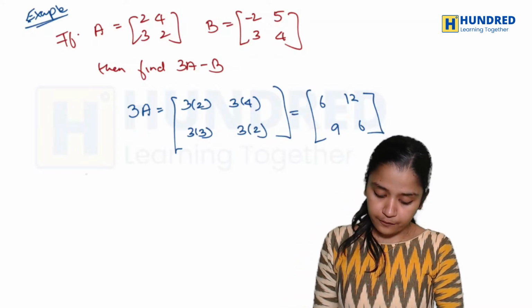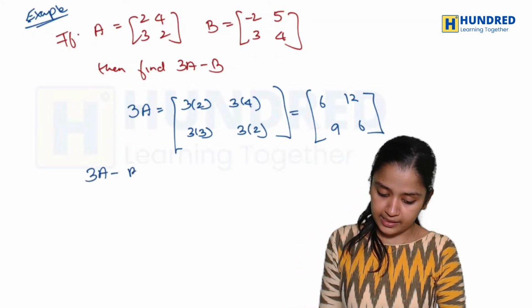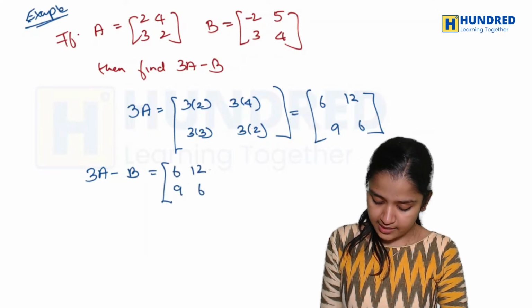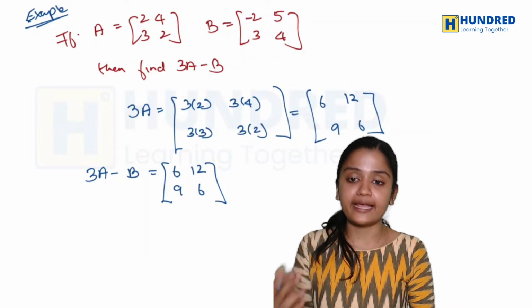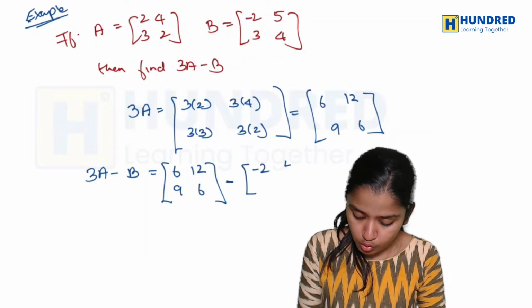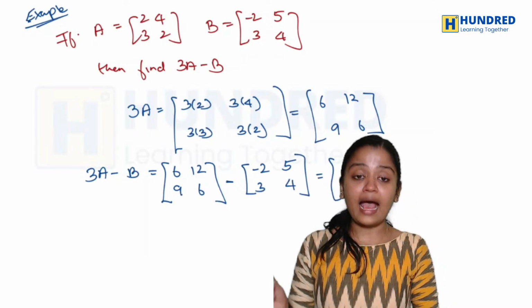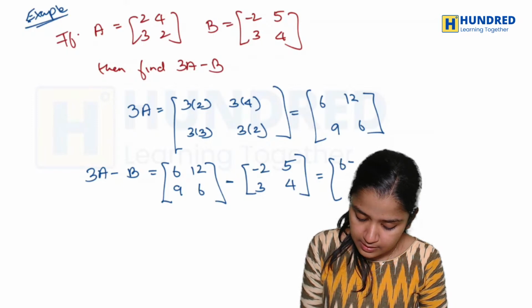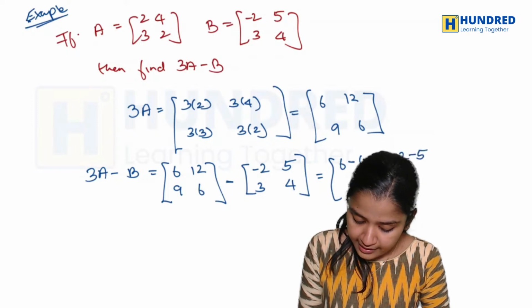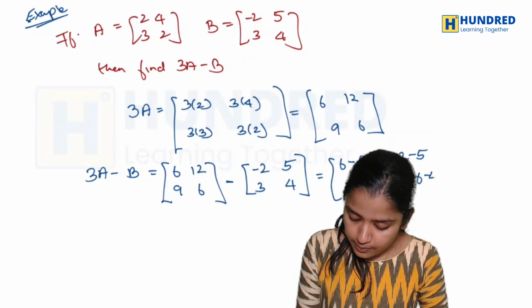Now I have to subtract: 3A minus B. So it will be 6, 12, 9, 6 minus minus 2, 5, 3, 4. So it will be 6 minus of minus 2, 12 minus 5, 9 minus 3, 6 minus 4.